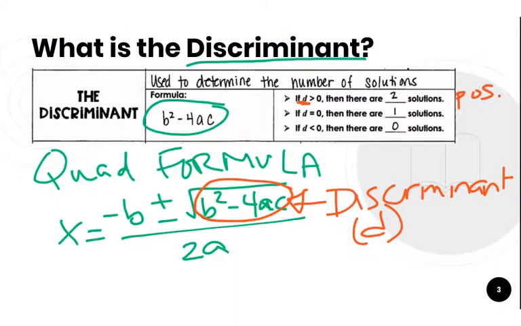Okay, if that discriminant is 0, it will only give you 1 solution. And we're going to go over an example of that. And again, if this discriminant part, this b squared minus 4ac, and remember, I don't square root it, the discriminant is just what's inside of the square root, if that is less than 0, meaning it would be a negative discriminant, then there would be 0 solutions.